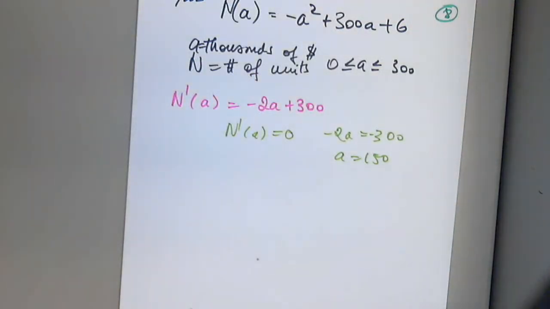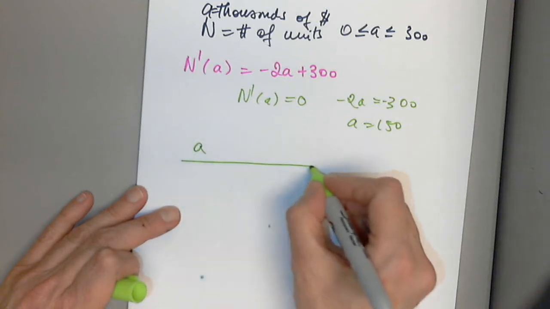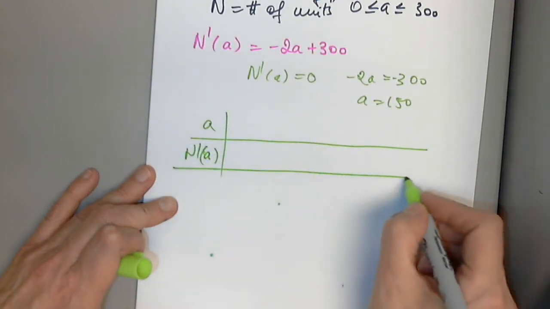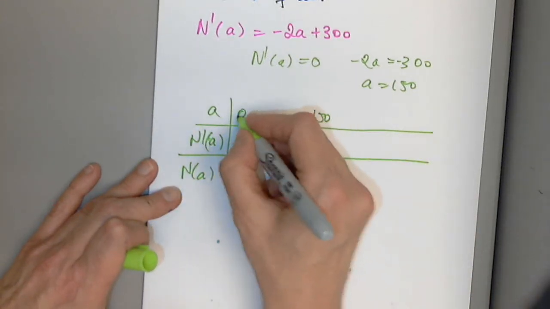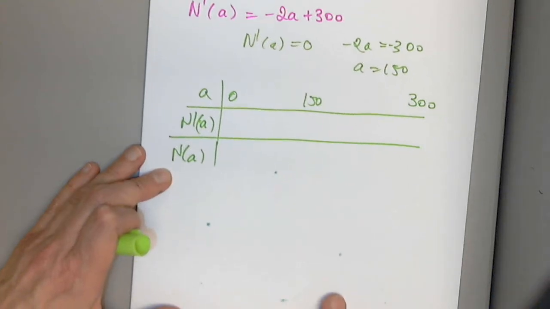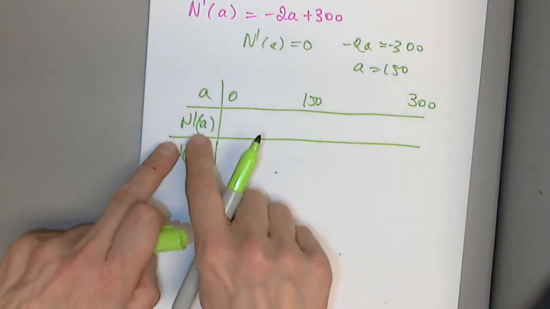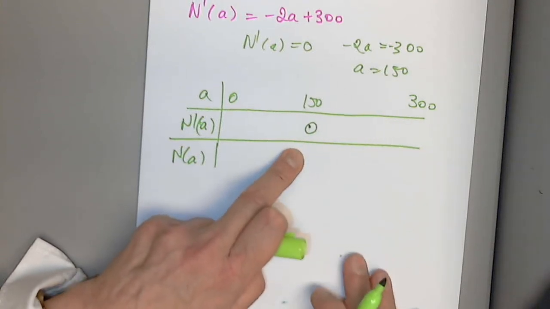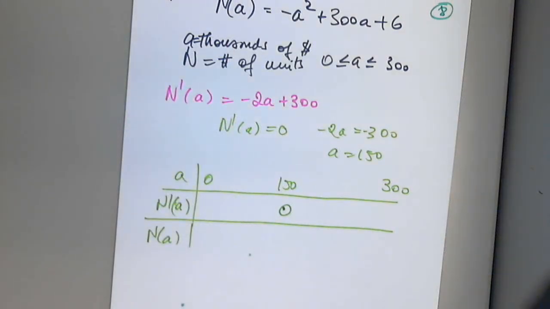Therefore, I create the table: a, n prime of a, and n of a. 150, and 0 to 300, because we are given that interval. What do I write under 150 for n prime? 0. Perfect.